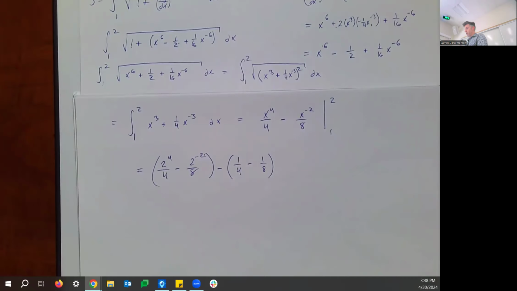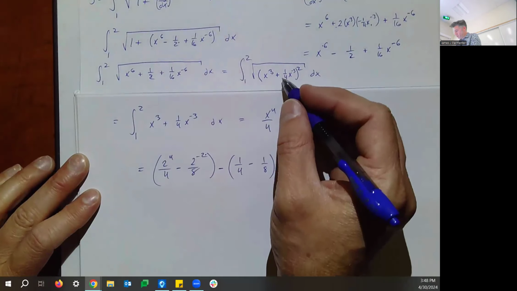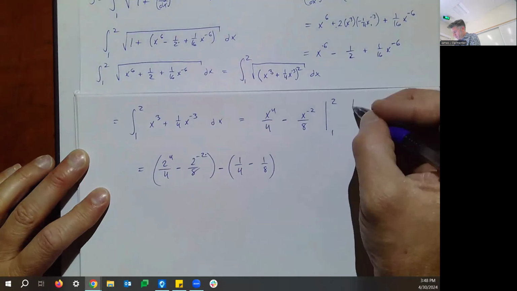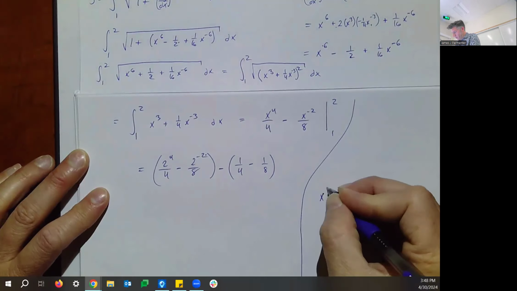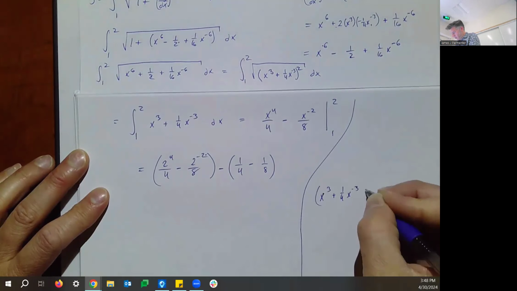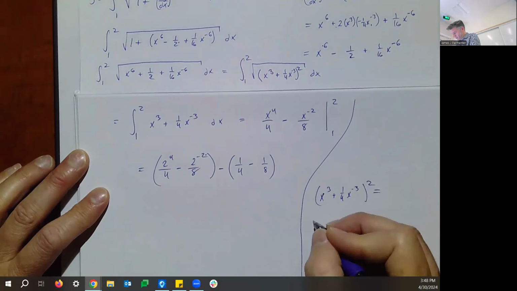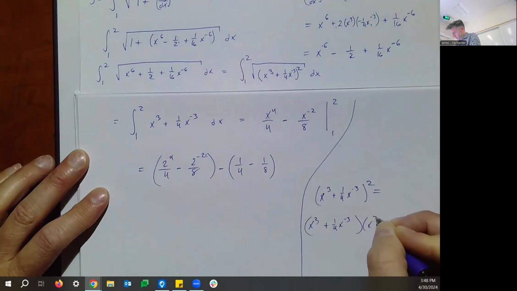So just to make sure everyone's on board with this, I just want to point out that this part here, x to the third plus 1/4 x to the negative third squared, really is, we FOIL this out: x to the third times x to the third is x to the 6th.